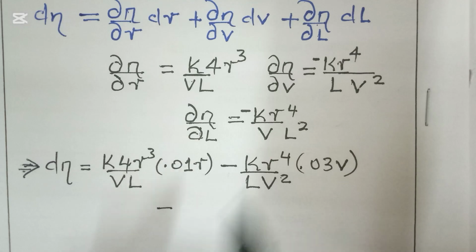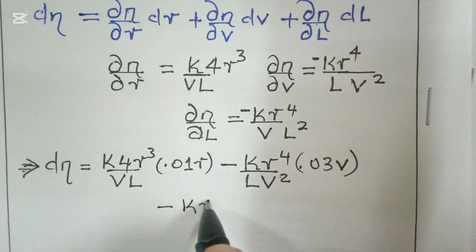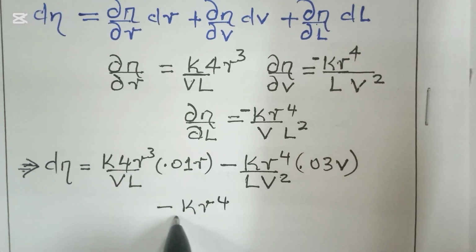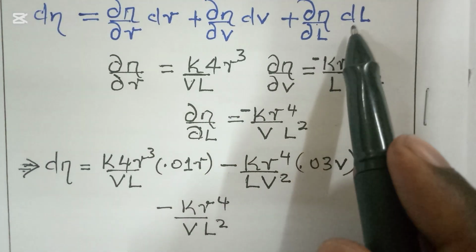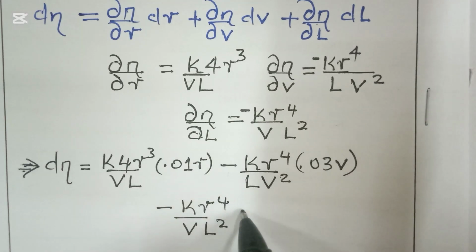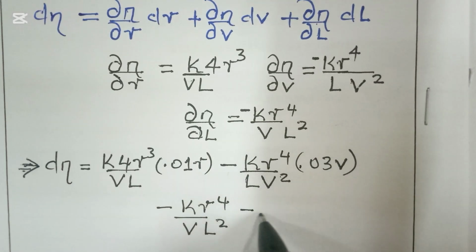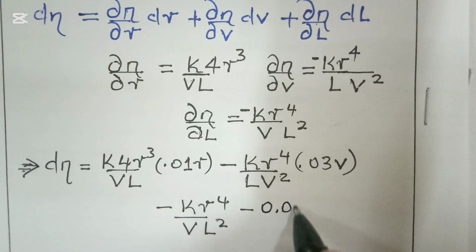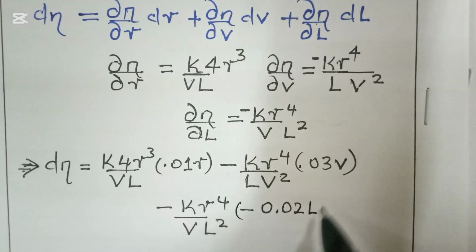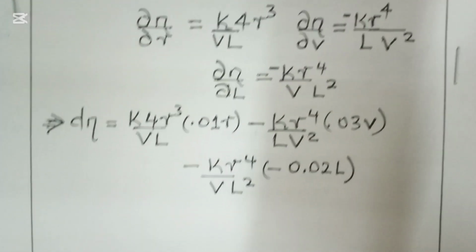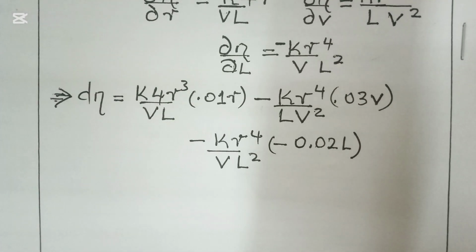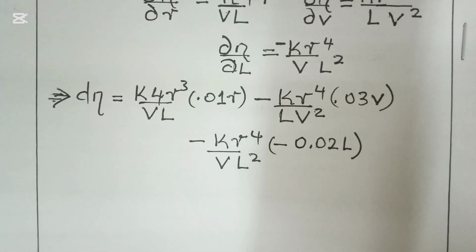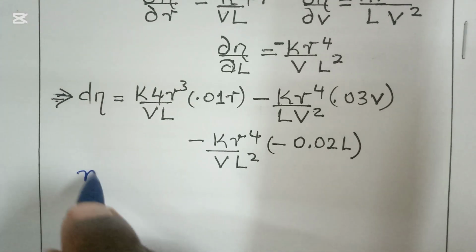We write K R raised to 4 all over V L squared, and now we multiply by the dL, which is negative. So this is going to be negative once again, 0.02 L.